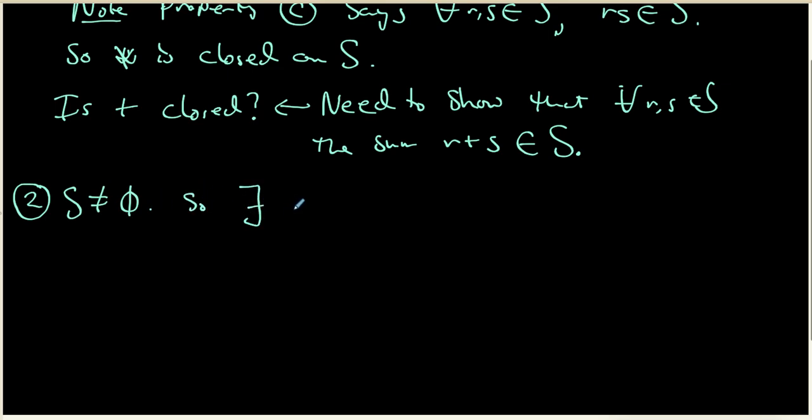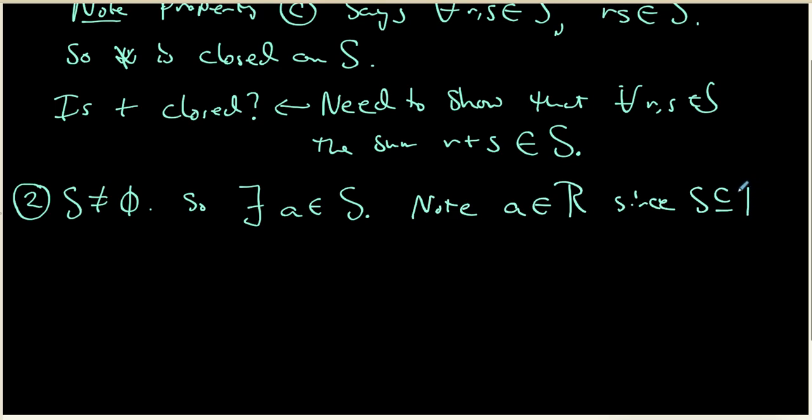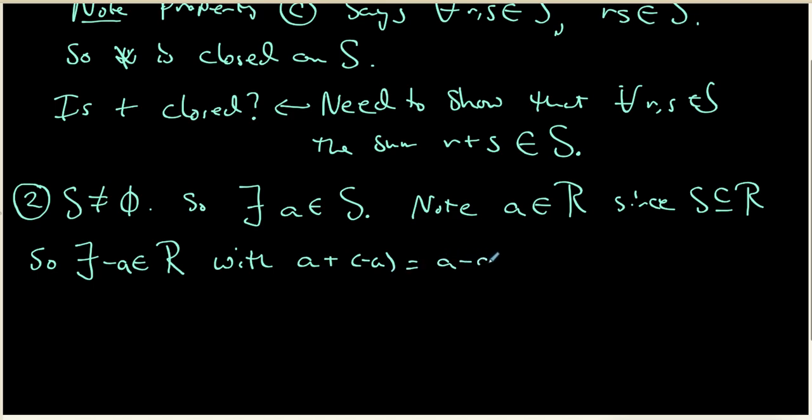So I do know that there exists some element a inside of S. I don't know what this element is, but I know that there is an element inside of S. And I know that a also has to belong to R, since S is a subset of R. And that says there does exist a minus a inside capital R, with a plus minus a, which is a minus a, being equal to the zero element of R.